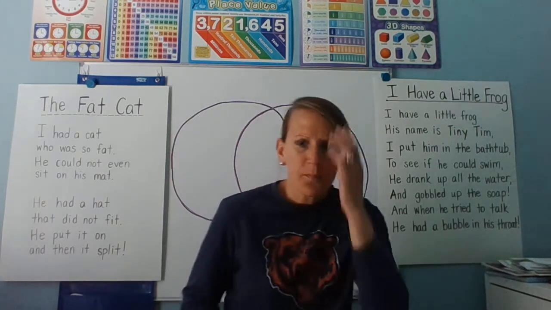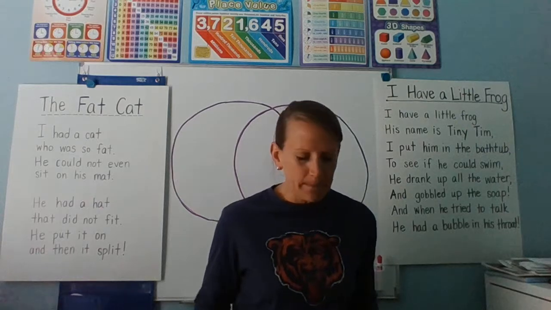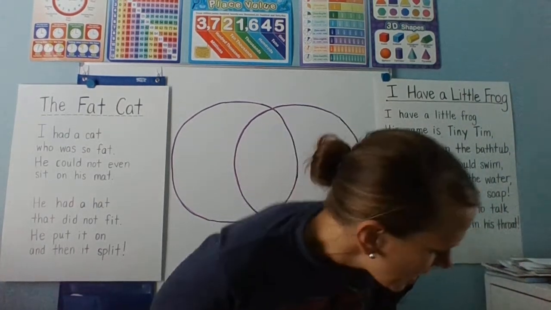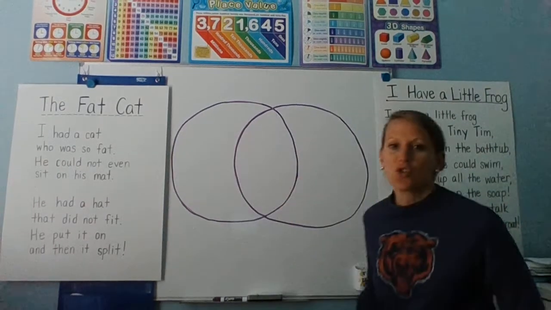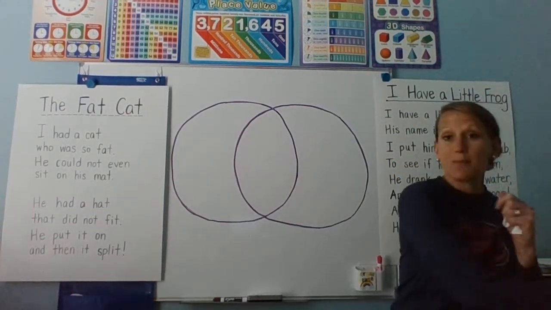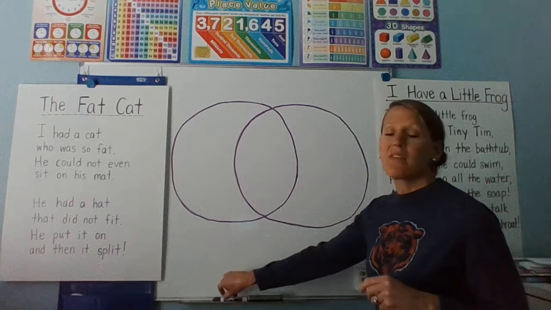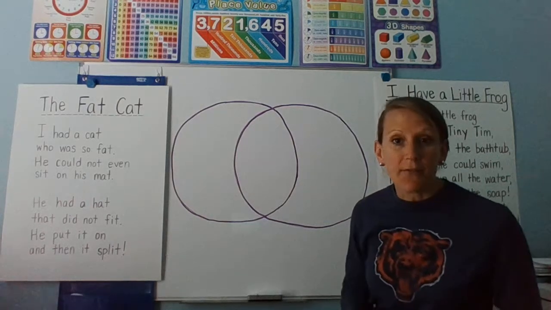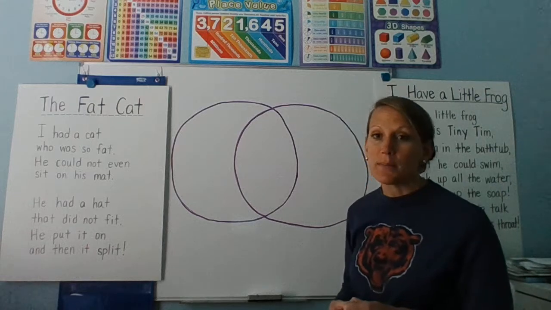Okay, so we've got two poems here. And what we're going to do is we are going to compare and contrast. And what compare and contrast means is we are going to find things that are similar and we're going to find things that are different in these two poems.